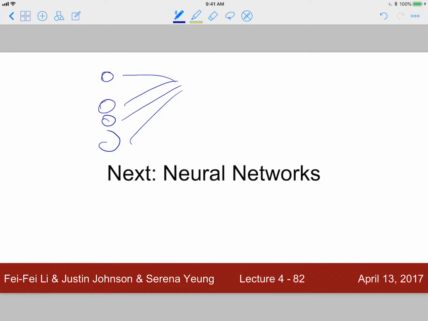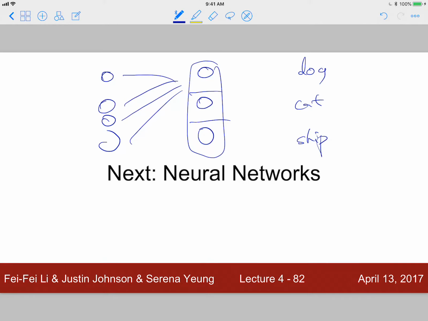Maybe we have 4 input nodes and then 3 nodes corresponding to each of our classes. Maybe it's dog and cat and maybe sheep. And you guys know how the softmax works, right? And then suppose this value is 2 and 7 and -1, and then you know how to transform them into a softmax layer output, right?